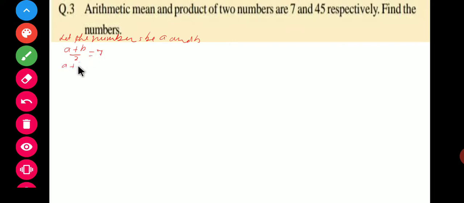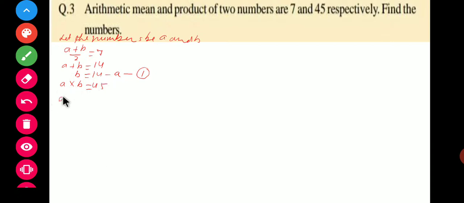So A plus B is equal to 14. So we can find B is equal to 14 minus A. That is your equation number one. Now it is given that the product of the two numbers, that means A into B, is 45.